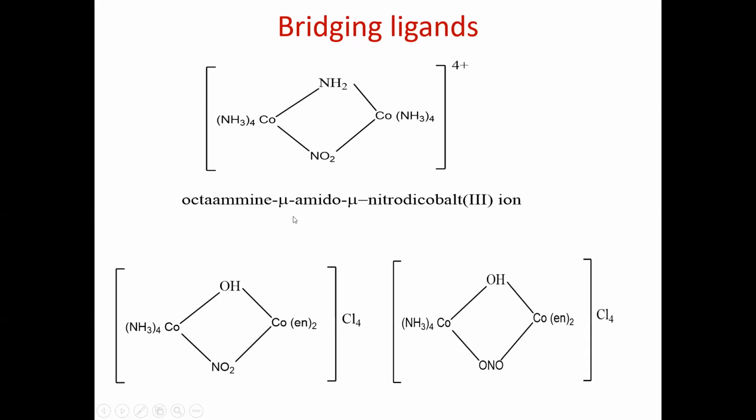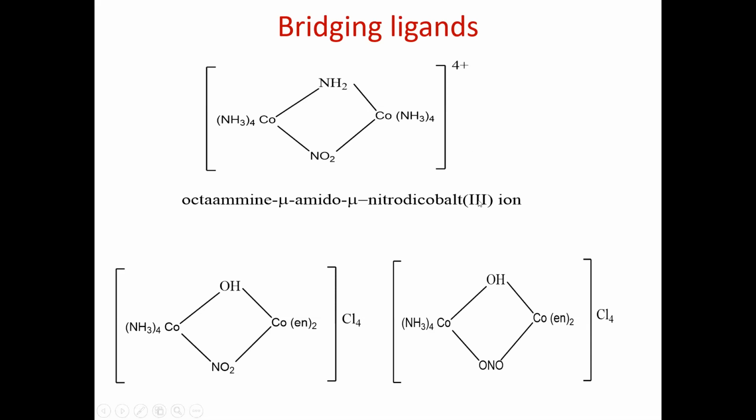Mu means bridging. And what is bridging? Amido. Mu-amido, mu-nitro, dicobalt 3 ion, because it has a charge. So whether it has a positive or negative charge, you must put that word ion. That means it's a charged complex.